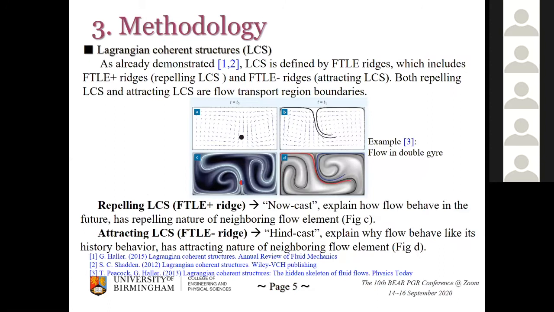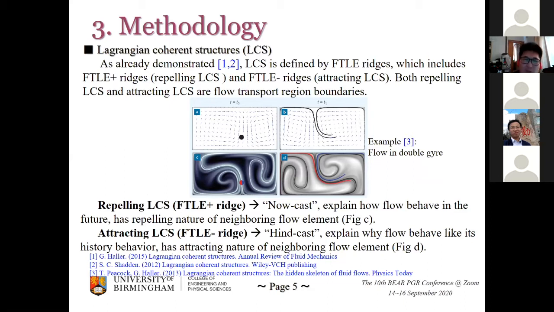Okay, first we need to know what LCS is. As already demonstrated in these two papers, LCS is defined by FTLE ridges, which include forward FTLE ridges and backward FTLE ridges.